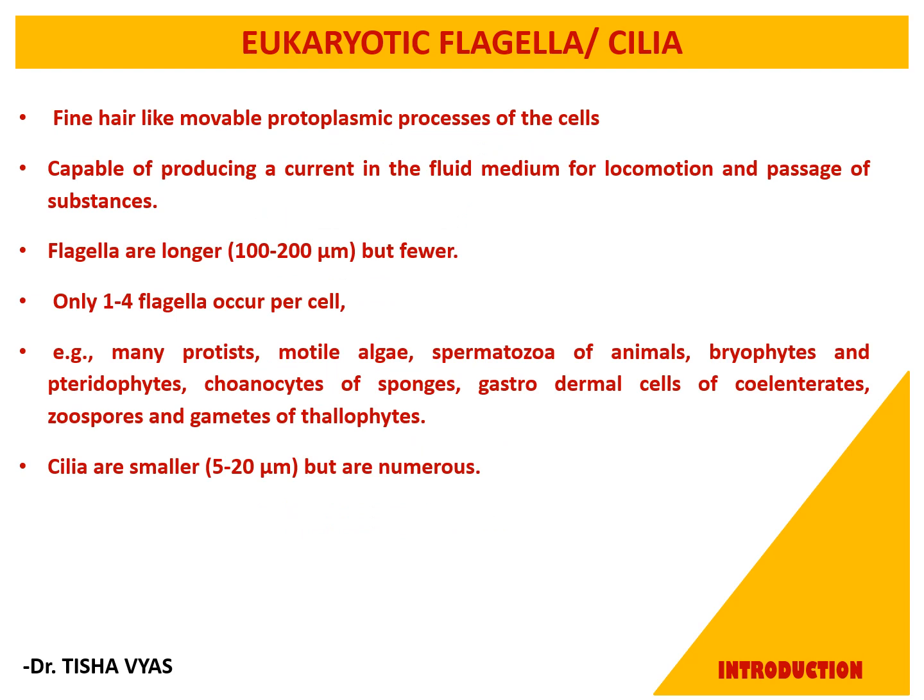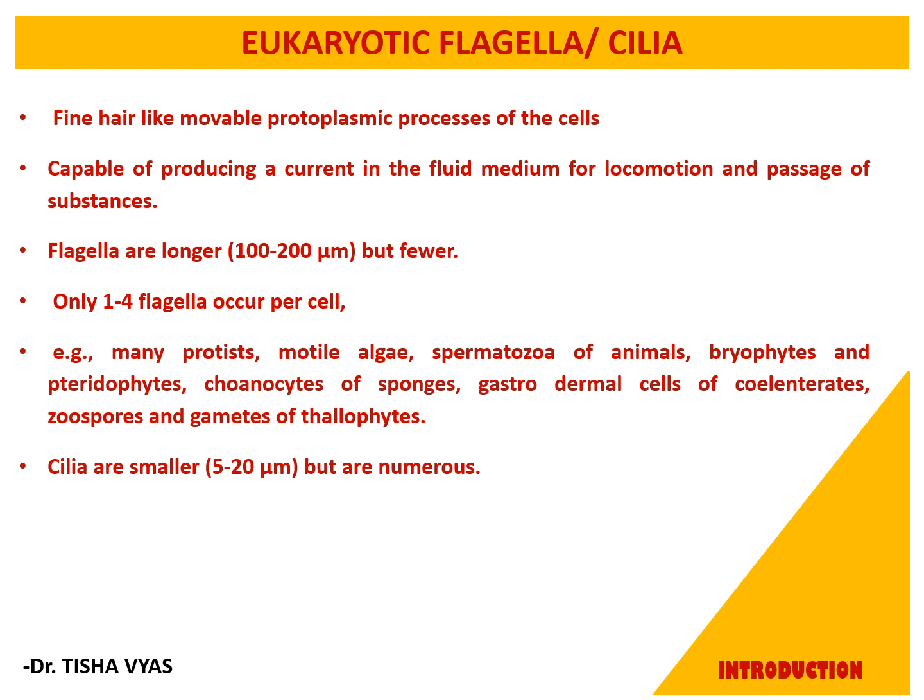Cilia are fine hair-like movable protoplasmic processes of the cells, which are capable of producing a current in the fluid medium, helping in locomotion as well as passage of substances. As we can see, flagella are longer but are fewer.